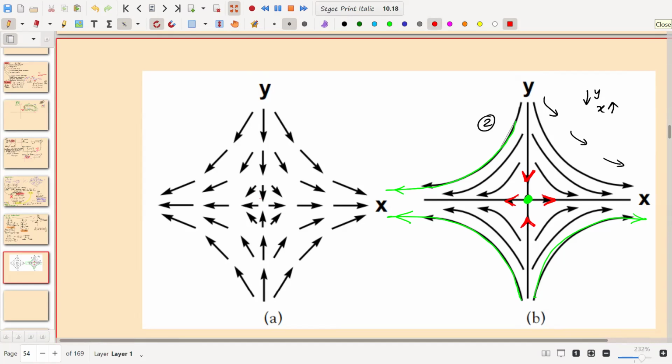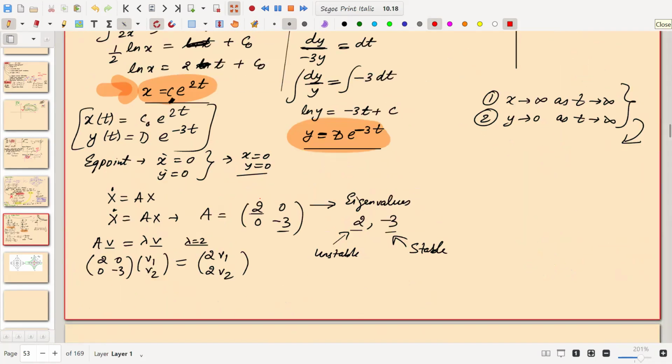So it has a mixed nature: one is a stable direction, another is an unstable direction. That's what we saw in this calculation. One was positive, one was negative. One is stable, one is unstable. Agree to this?